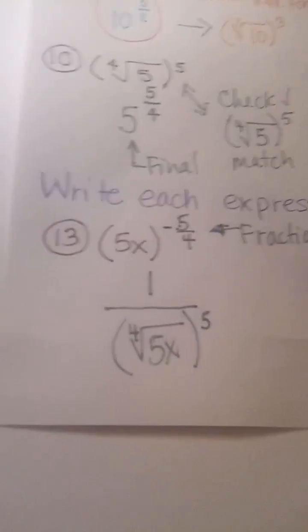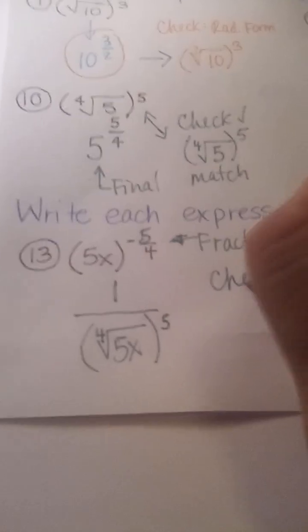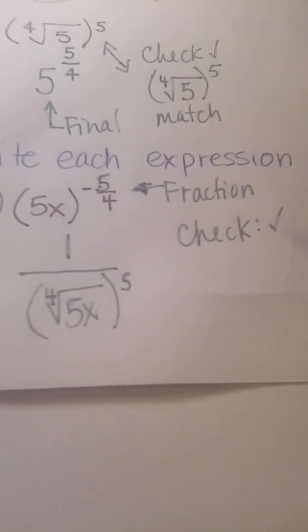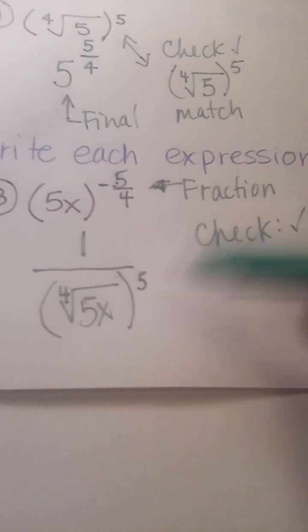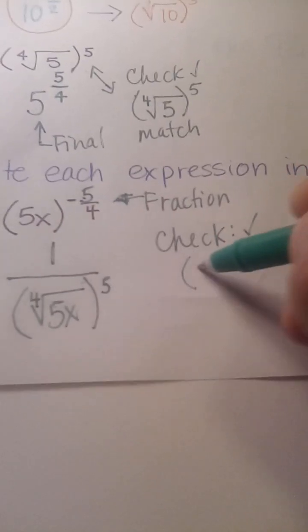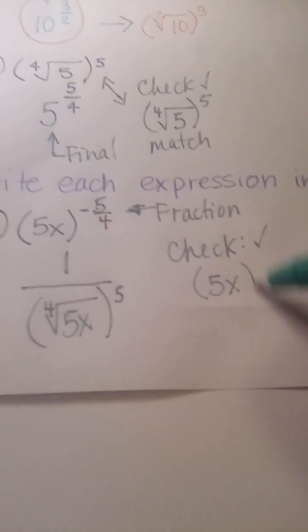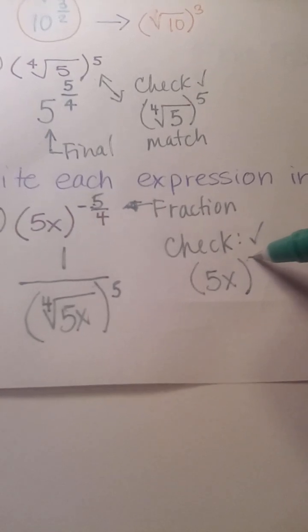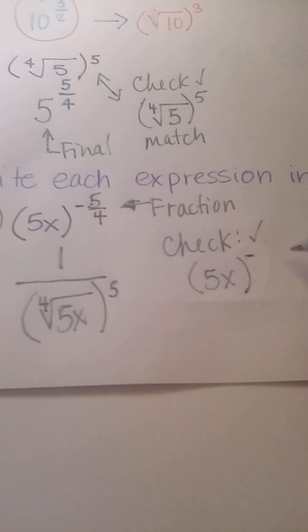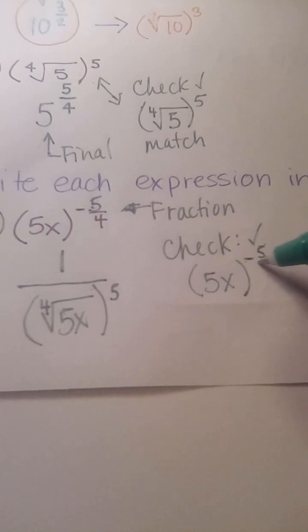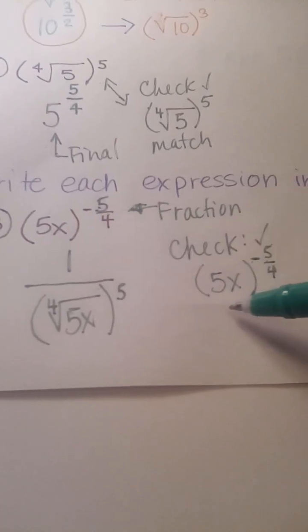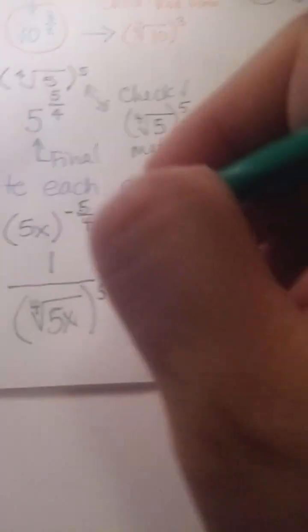So let's double check this problem. We have the square root of the variable 5x, close parentheses. The index, 5, goes on top, 4 goes on the bottom. Does it match? Yes, it's a match. So this is our final answer.